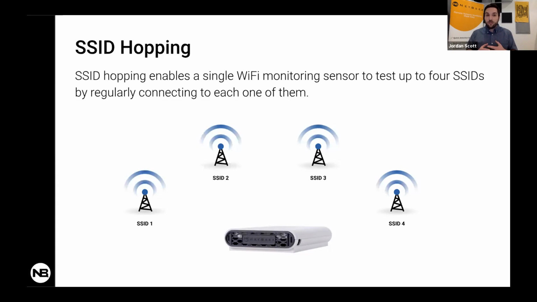This feature is now available to anybody that has a wireless sensor and has upgraded to the 1.5 dashboard. This enables enterprise wireless engineers to use one sensor at each location to monitor all of the Wi-Fi networks without having to deploy multiple sensors throughout the building.